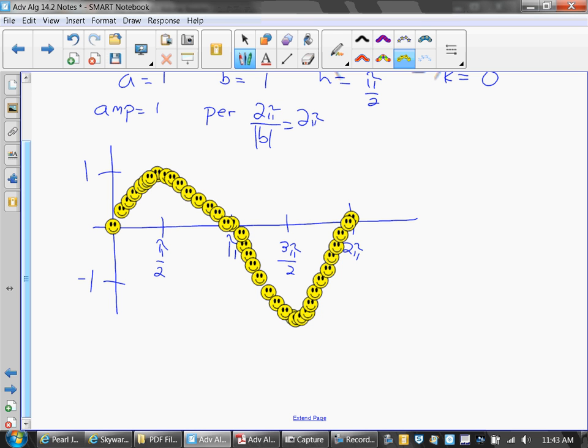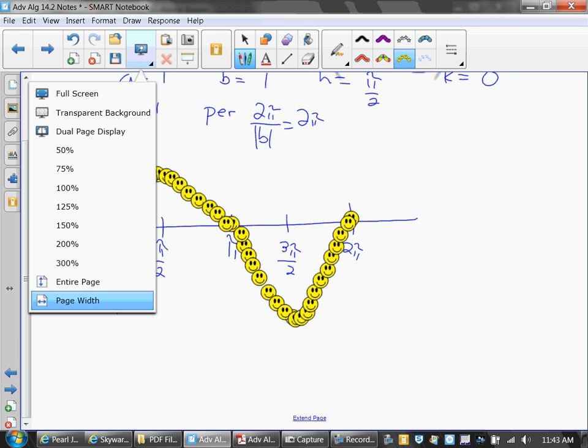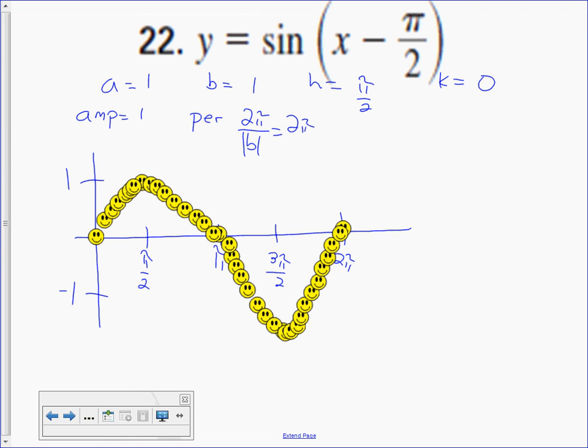Now, what do I do to each one of these points? Shift it. Which way? Good. So let's see here. Instead of being at 0, I'm going to be at pi over 2.